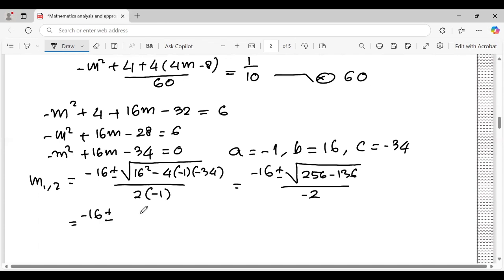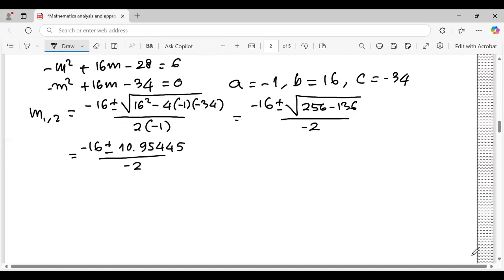Minus 16 plus minus the square root of 120, and the square root of 120 is 10.95445, divided by minus 2. So we can determine M1 and M2.